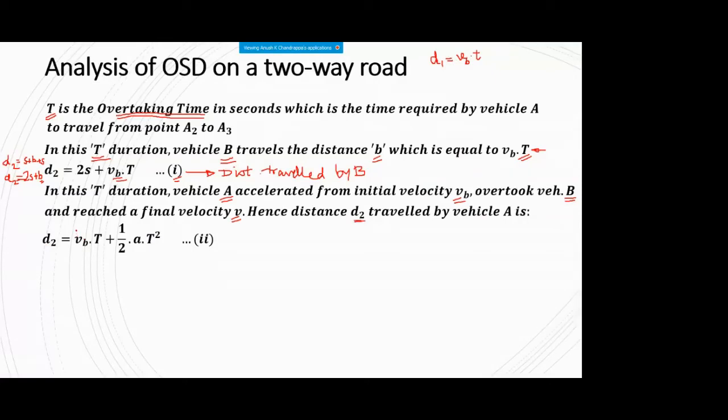Instead of u, the initial velocity, which in this case is the velocity at location A2, that is VB, times T, the overtaking time, plus half AT square. A is the acceleration of vehicle A, the overtaking or fast moving vehicle, and T is again the overtaking time, capital T.